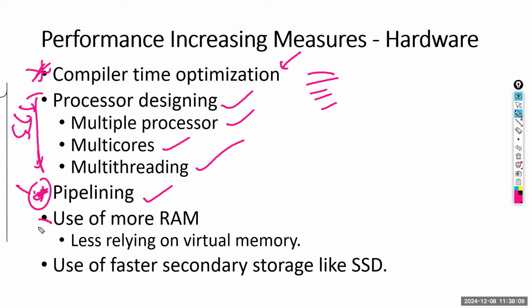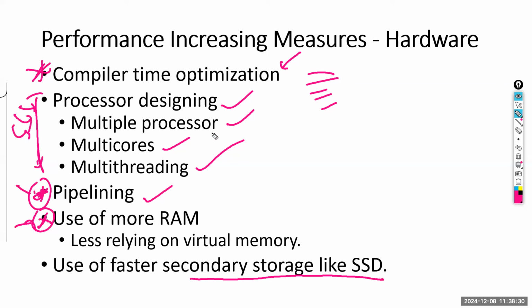But maybe we can look at the RAM. If RAM is not enough, you don't need to crazily increase the RAM, but if you feel like RAM is not enough, we can increase it. And also we can go for faster secondary storage like SSD, because your computer will access the secondary storage as well.